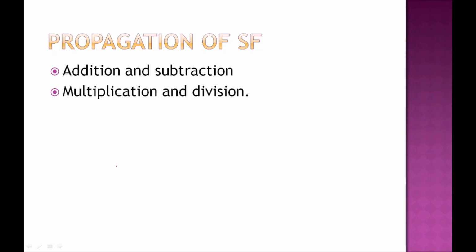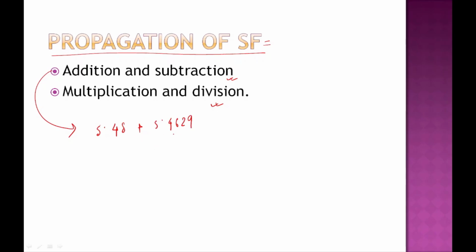Now let's move ahead. Here the topic is propagation of significant figures. How do significant figures propagate? Let's take the example of addition and subtraction first. Say 5.48 plus 5.4629.